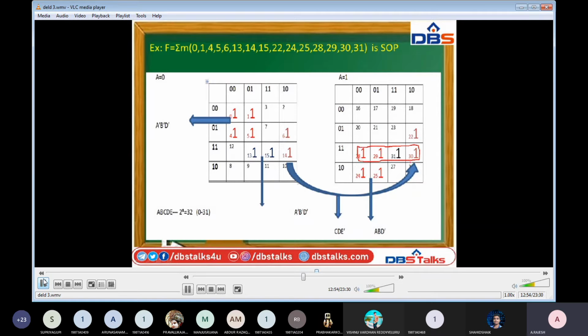So then the reduced form is A, B and C. Why? Because D and E are varying from 0 to 1 in each and every cell, and B and C are not varying along with A. So instead of using 15 literals, we have reduced it to only 5 literals.